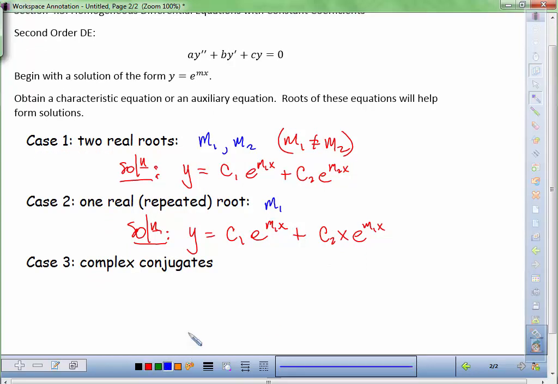So the last one involves complex conjugates, and we started to talk a little bit about it, and then instead of going into more detail, I'm just going to tell you what happens. So the m is equal to alpha, I'll use alpha, plus and minus i times some other number beta.